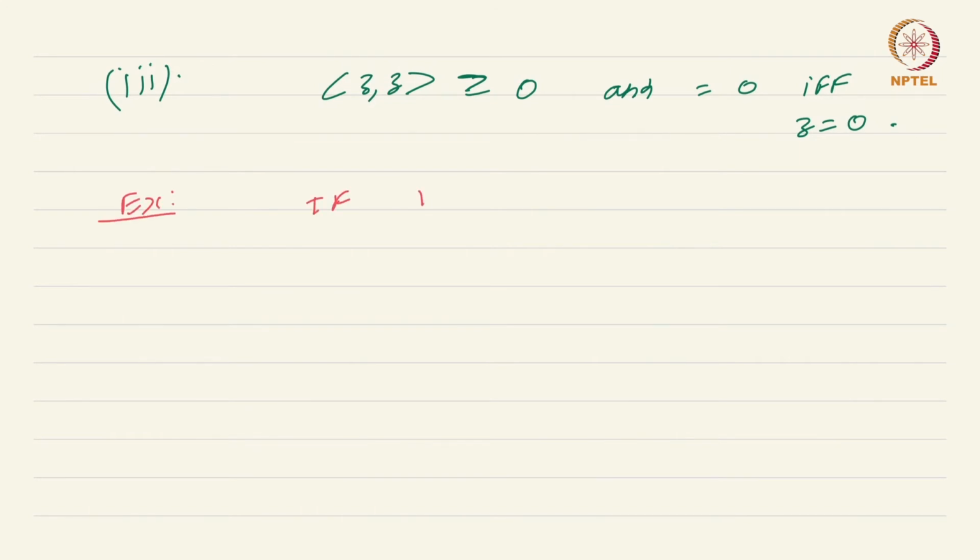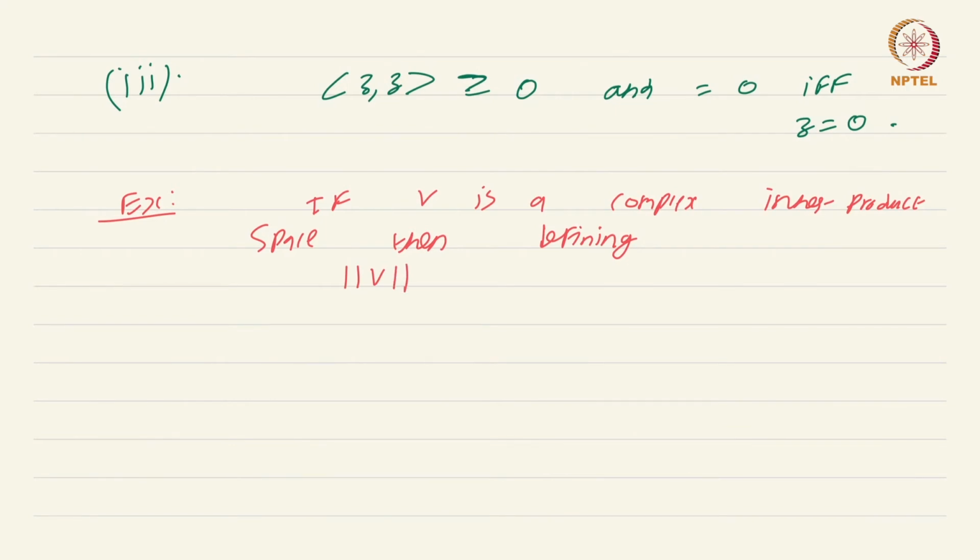if V is a complex inner product space, then defining norm of v to be equal to the square root of inner product (v, v), we get a norm on V. So using a complex inner product, you get a norm.